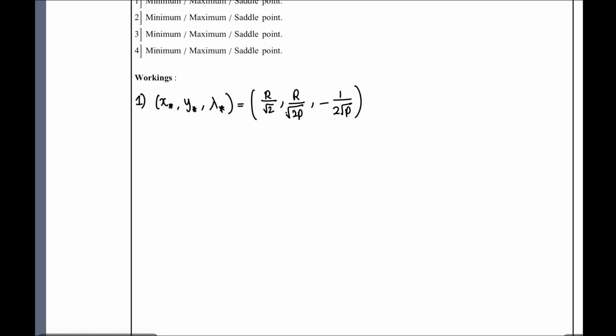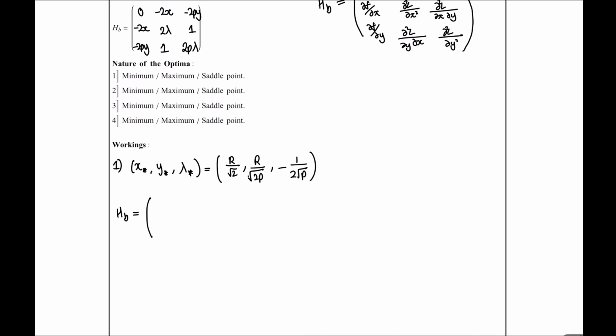If I substitute these values into our general bordered Hessian, we get 0, minus 2r over root 2, minus 2rp over root 2p, minus 2r over root 2, minus 2pr over root 2p, and then minus 1 over root p, minus 1, 1, minus 2p over 2 root p.